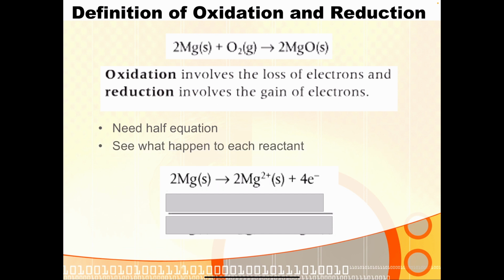So Mg will lose two electrons and therefore there will be loss of electron and oxidation will take place. Whereas oxygen will gain two electrons and therefore reduction will take place. So this is the third definition of oxidation and reduction.